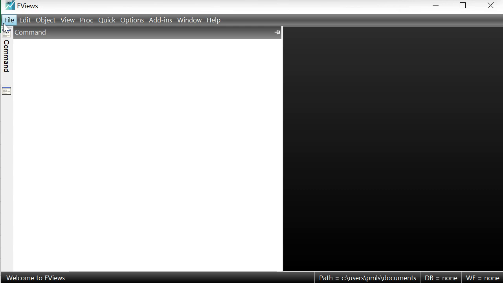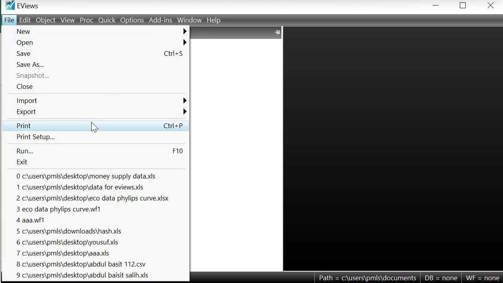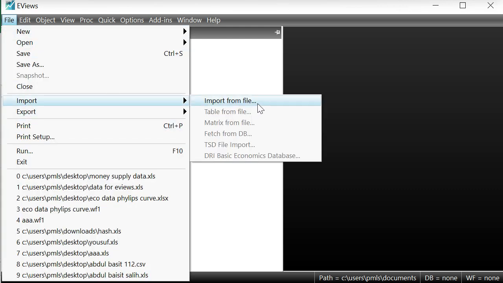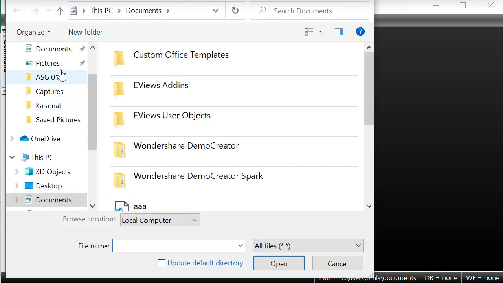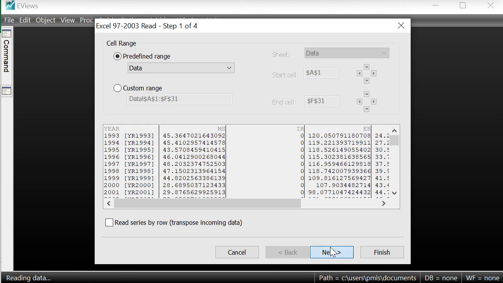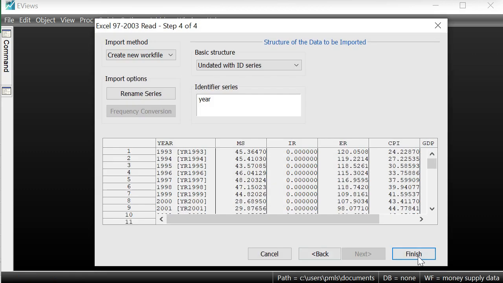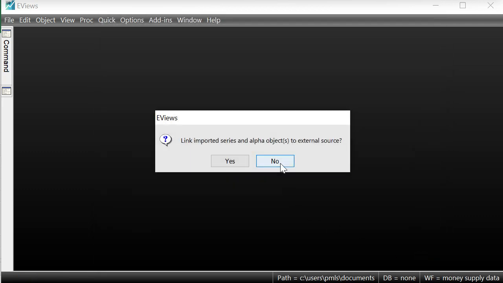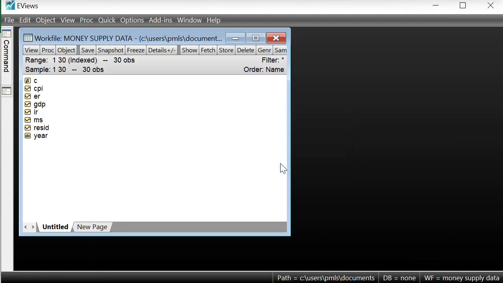As we know how to import the data file, I have done this on my desktop, the money supply data. Yes, it is uploaded in EViews.